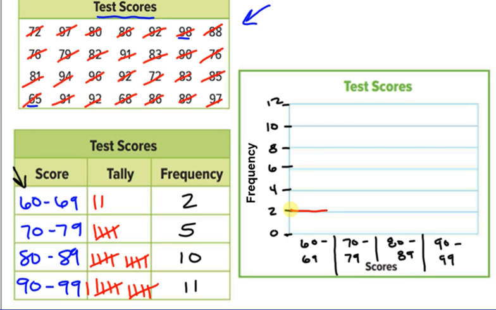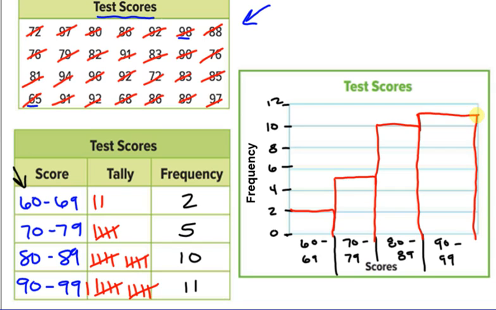So our first one is 2. And then we have 5. And then we have 10. And notice how all of my bars are touching each other. And then we have 11. Perfect. And that is our histogram.